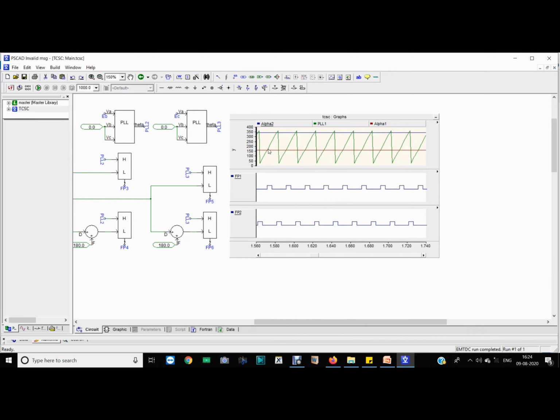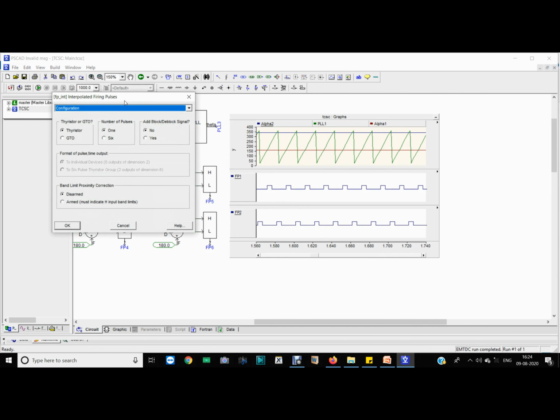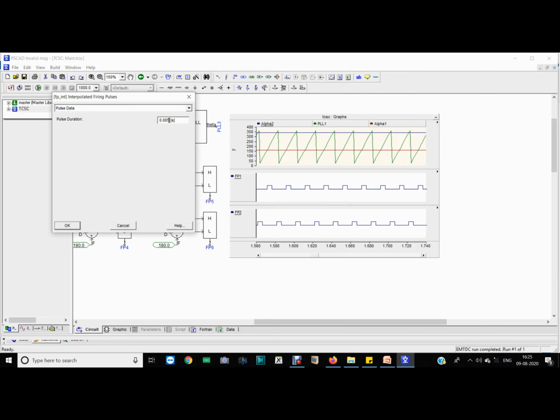Now we are comparing alpha 1 and PLL1, right? When PLL1 is greater than alpha 1, then we get a firing pulse. The width of the firing pulse you can mention from here as well. Pulse duration in time we can mention.